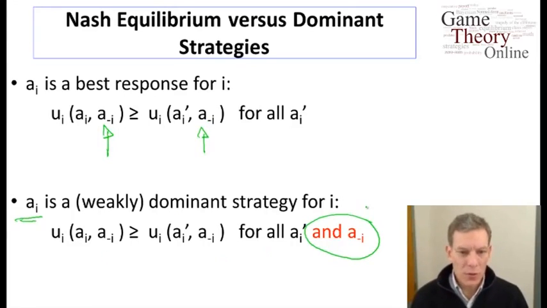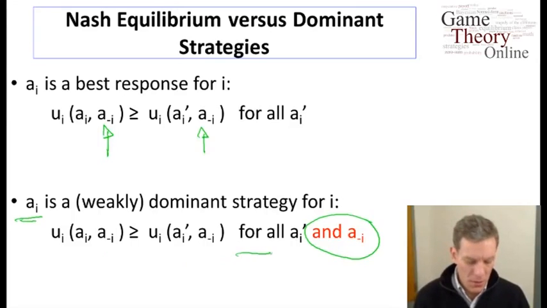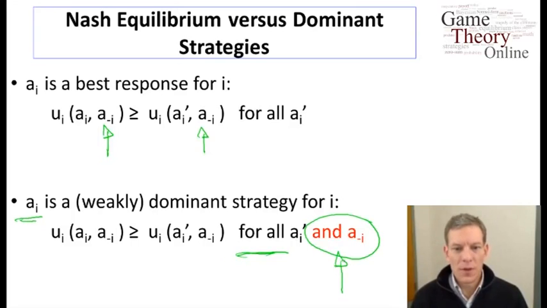So it has to be true for all of the alternative strategies of the other players. A dominant strategy was one where you didn't really have to worry about what anyone else was doing. You had something that was clearly best. That's not true in our predator-prey game, where we saw that the prey's reaction depended on what the predator was doing.